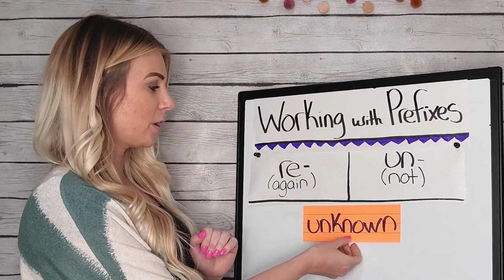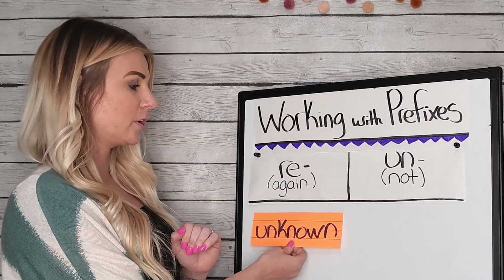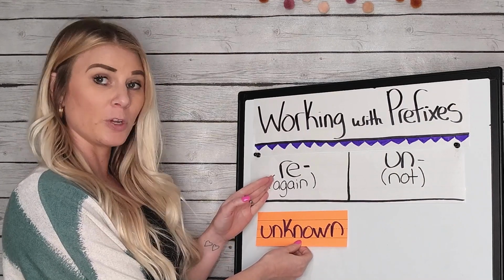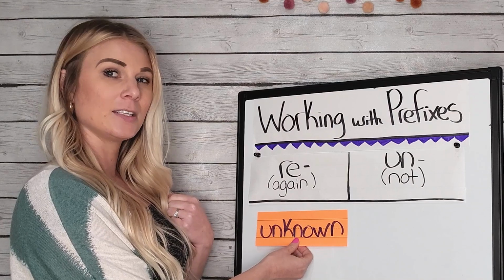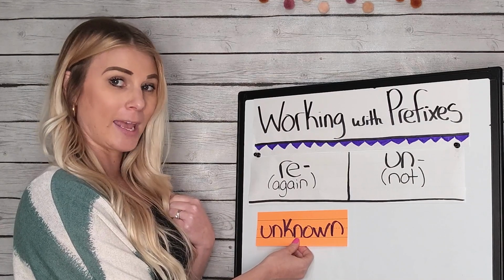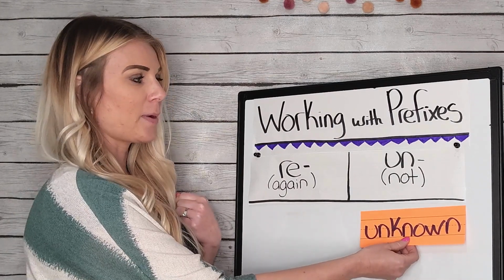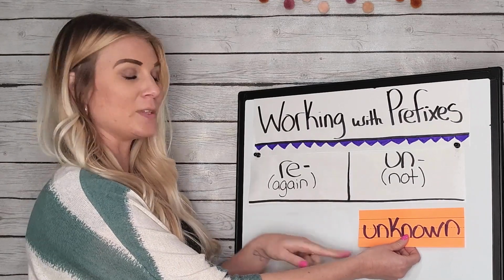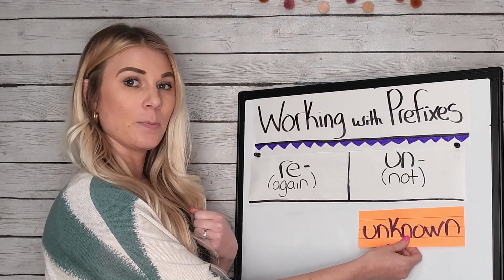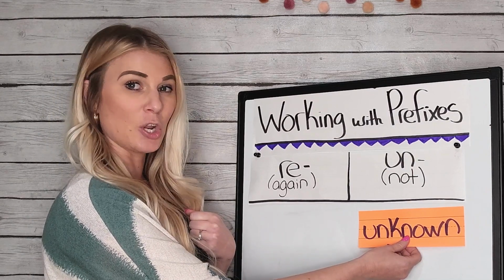When I think of the word unknown, do I think it would go in my column which starts with the prefix re, which means again? Does unknown mean to know again? Or would I put it in my column of un, my prefix of un, which means not? Does unknown mean not known?